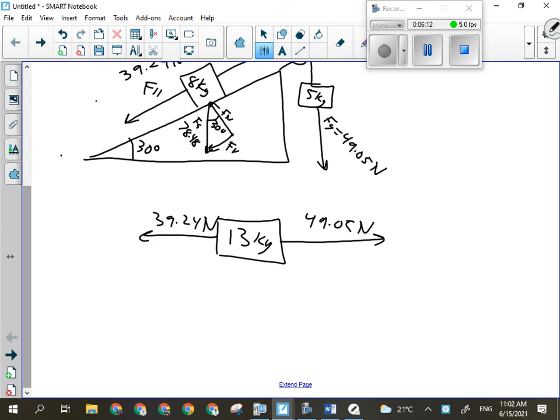Now I can do the vector sum of all forces and calculate my F net, which would be 9.81 newtons up the ramp, or to the right, whichever. So there's my net force. Now if I want to calculate the acceleration of the system, I take my net force and I divide it by the mass, 13.